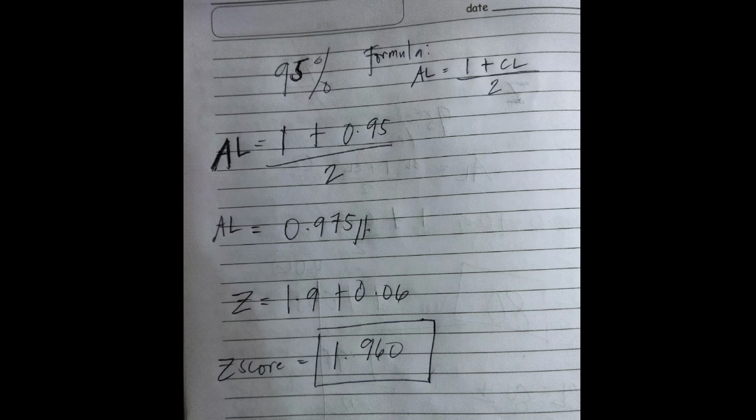Isa-substitute lang natin yung mga given na numbers. And this is the solution on how we get the z-score value of the confidence level 95%. So first, i-apply natin yung formula na AL is equal to 1 plus CL over 2, which is ang CL is yung 95% na itatransform natin into decimal number, which is i-divide natin yung 95 into 100, kaya naging 0.95.